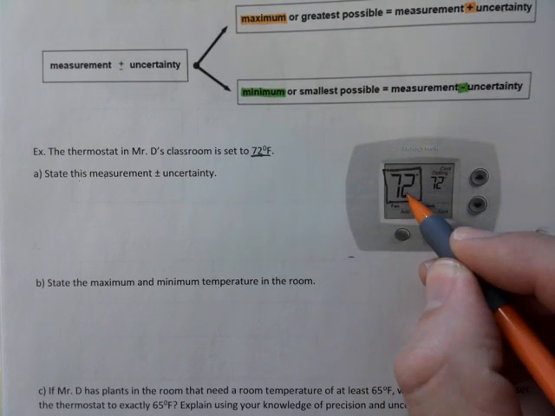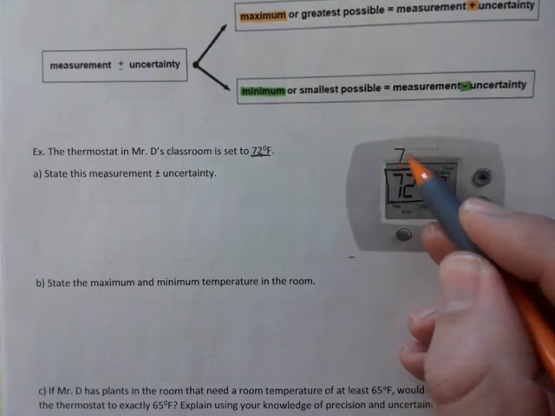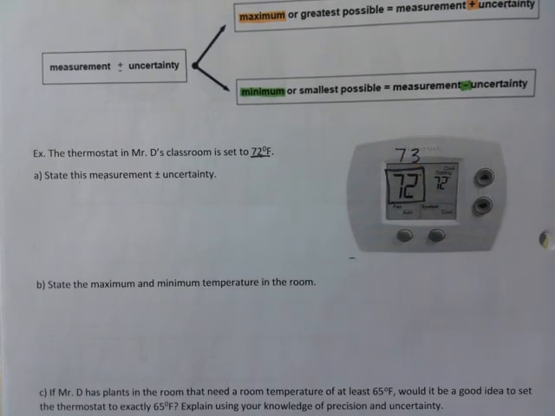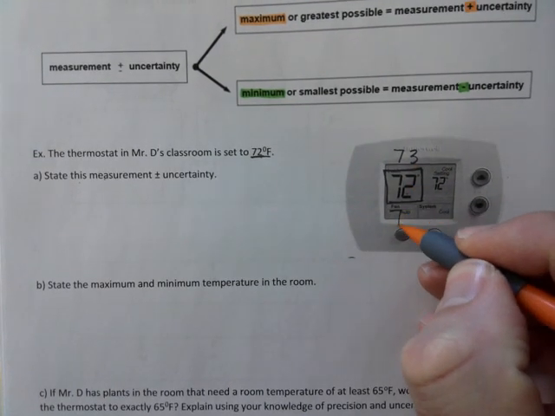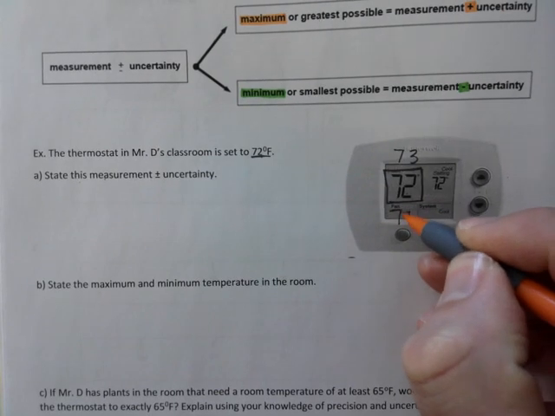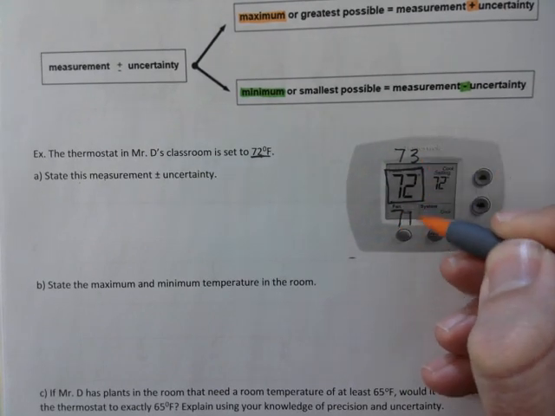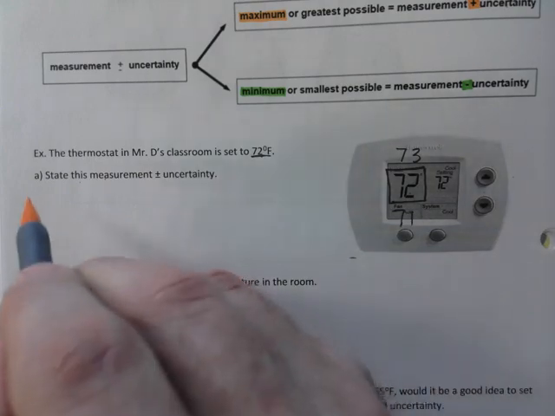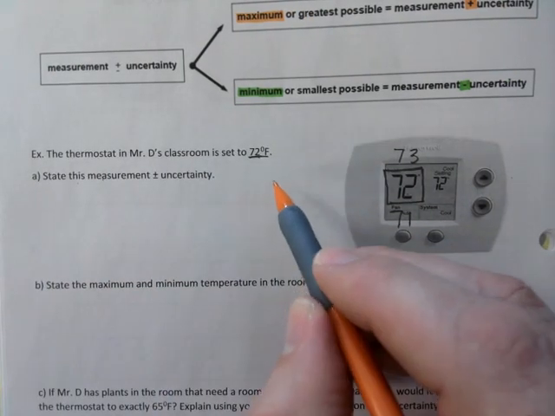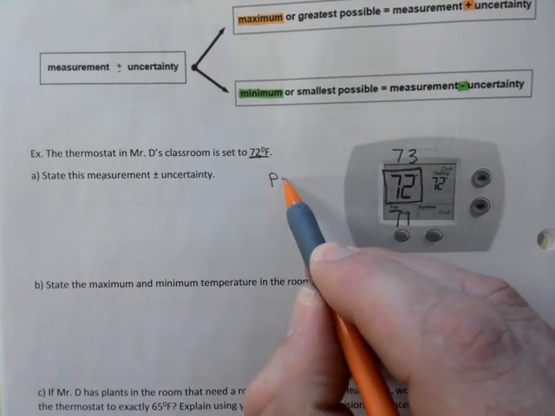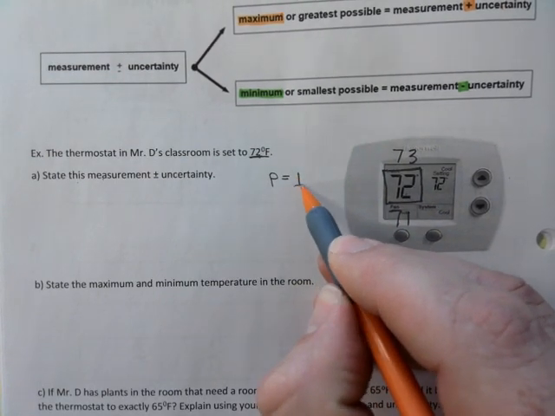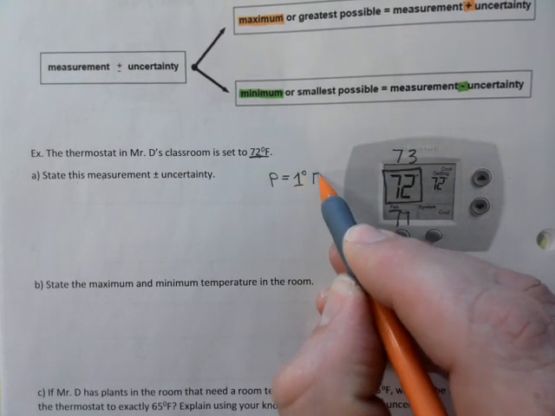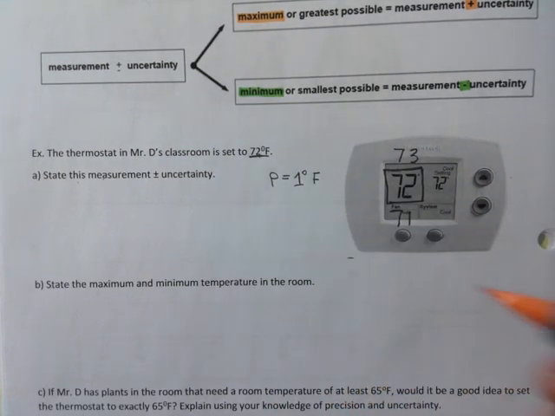And by the looks of it, it could be that the temperature could go up to 73. It could go down to 71, right? So basically, the precision of this thermostat right here is 1 degree Fahrenheit, okay?